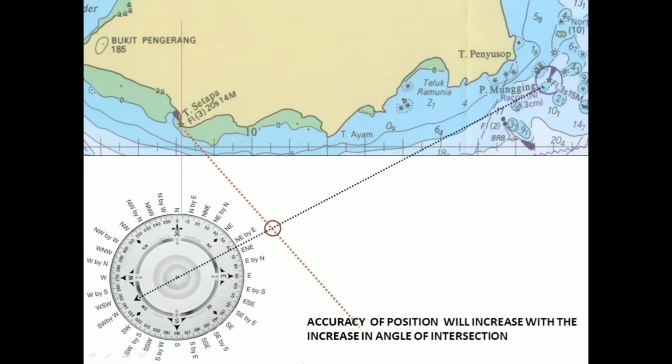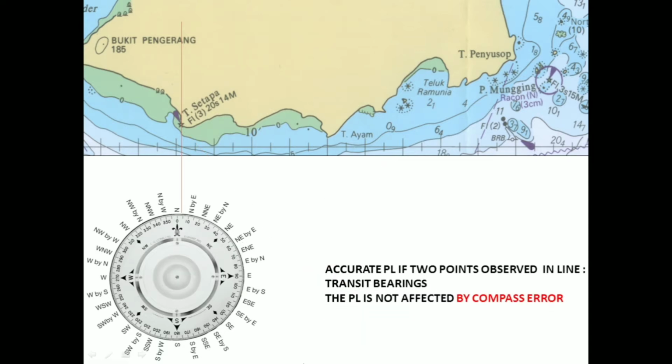So accuracy would depend upon how big the angle is between the two bearings you have taken. The most accurate bearing you can take is called a transit line, a transit bearing, when two objects are in a straight line.